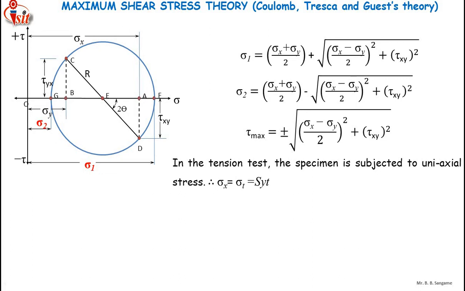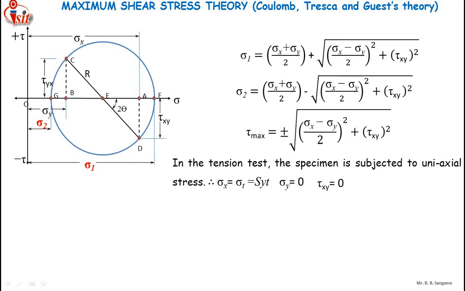And the remaining stresses, as the component is subjected to uniaxial stress in the standard tensile testing, that is sigma y and tau xy, will be 0. So here sigma y will be 0 and tau xy will be 0.